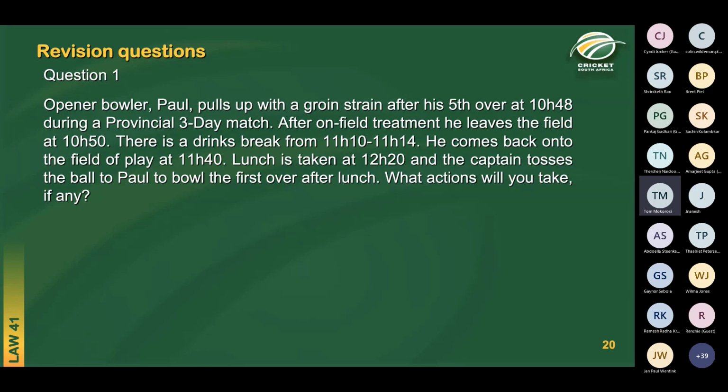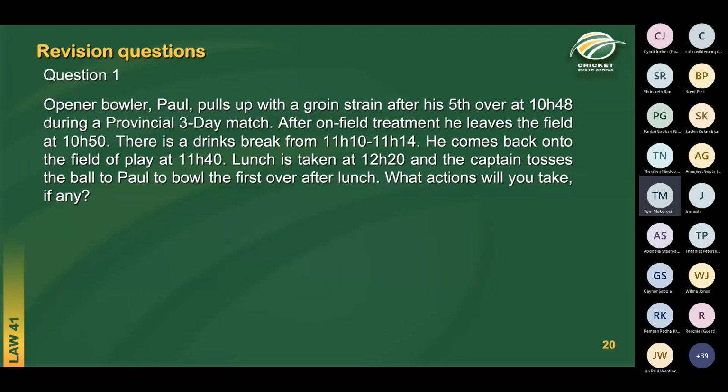Abdullah has told us we need to put that on paper for our exam. He comes back onto the field of play at 11:40. So then we say 11:14 to 11:40 is how many minutes? And then at 11:40, what is the total amount of penalty time owing by Paul?